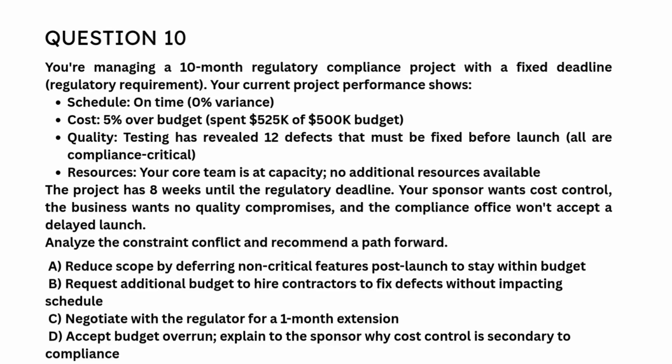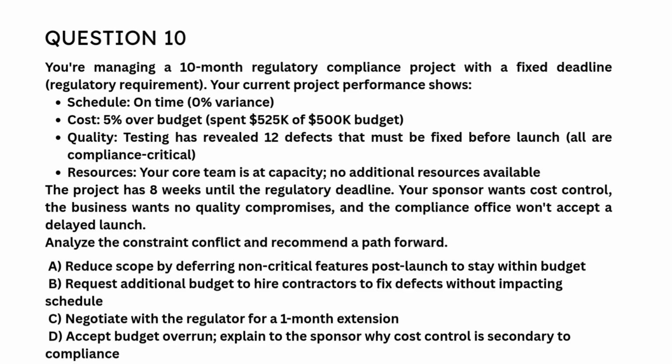All are compliance critical resources. Your core team is at capacity. No additional resources available. The project has 8 weeks until the regulatory deadline. Your sponsor wants cost control, the business wants no quality compromises, and the compliance office won't accept a delayed launch. Analyze the constraint conflict and recommend a path forward.